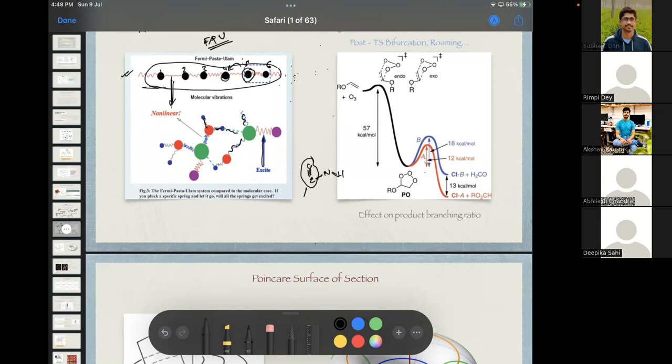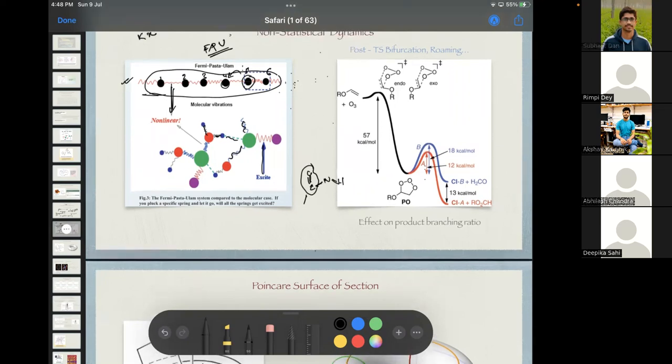How is the energy transfer happening from this local mode to other modes? This study is very complex. This understanding of the energy transfer dynamics in polyatomic molecules is very complex. So that is the study of non-statisticality.